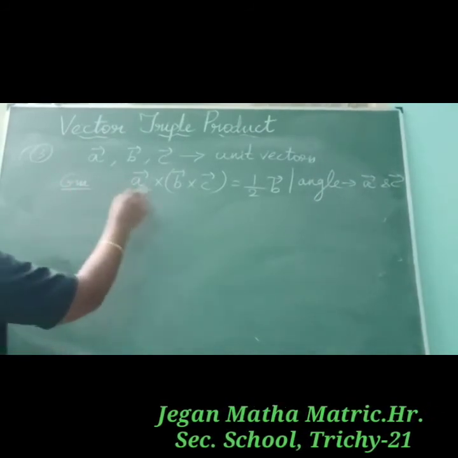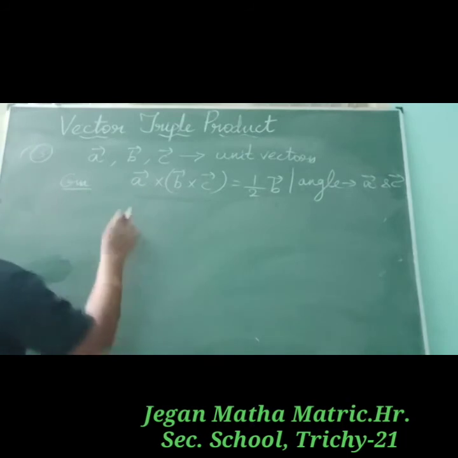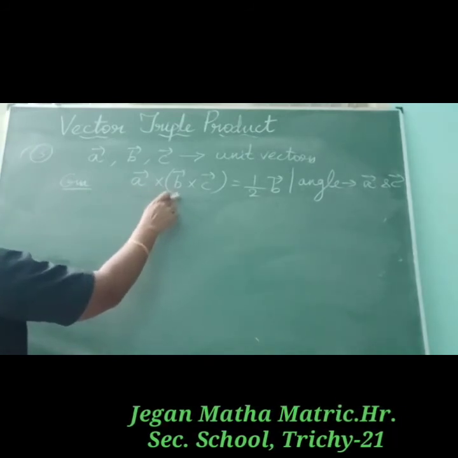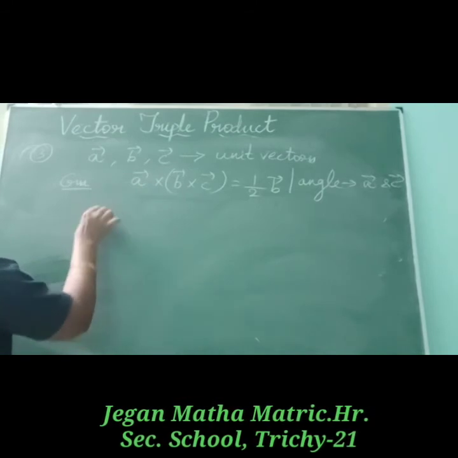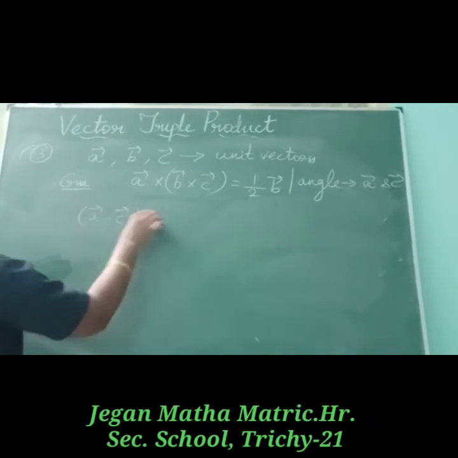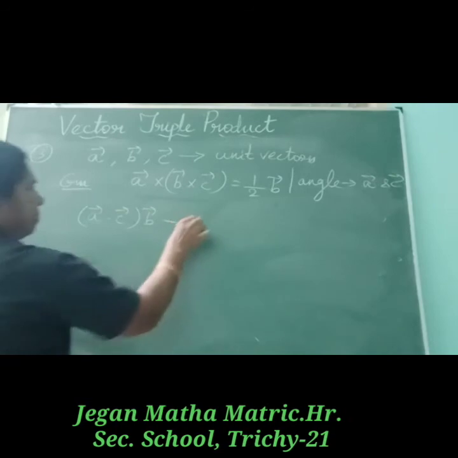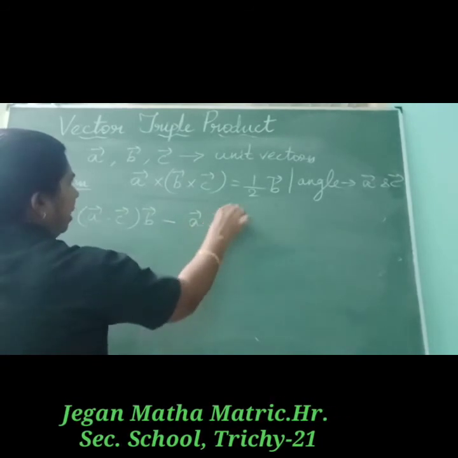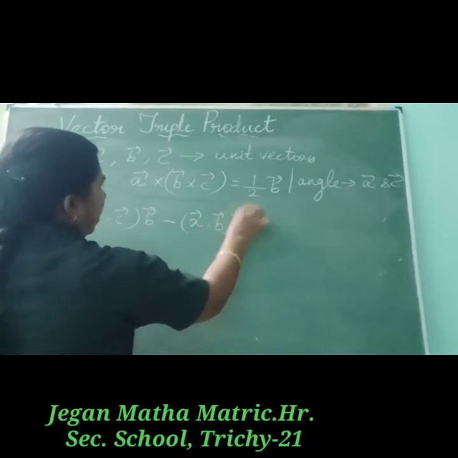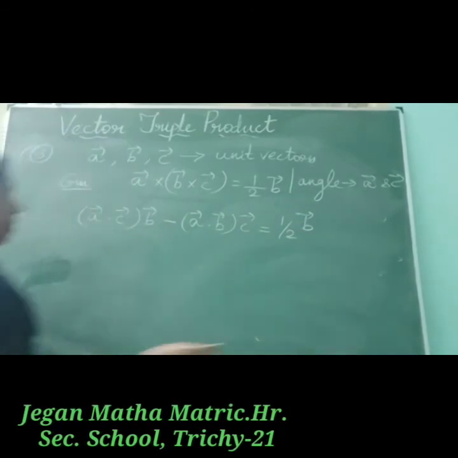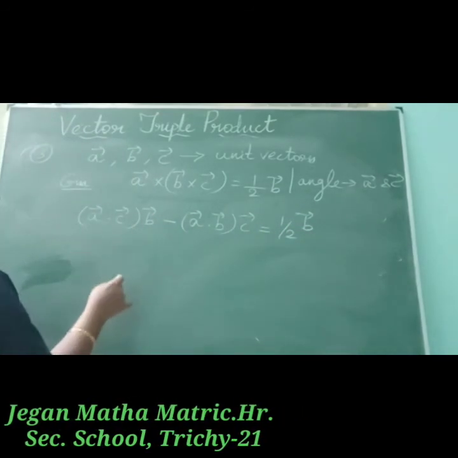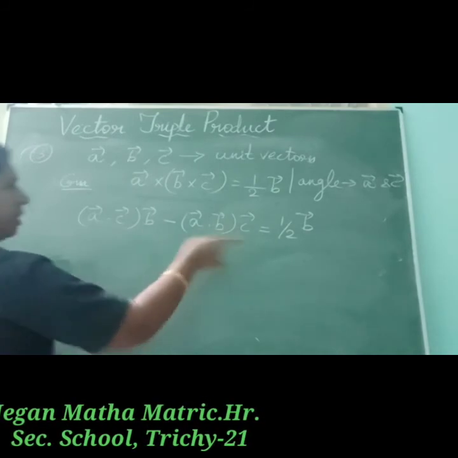Here also we can start the proof with the given condition. A cross B cross C, by using the vector triple product, the left side can be expanded as (A dot C) into B vector minus (A dot B) into C vector, which is equal to half into B vector. Equating the corresponding values of A, B, C on both sides.